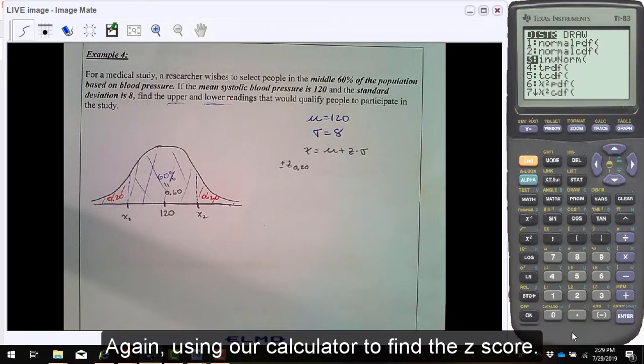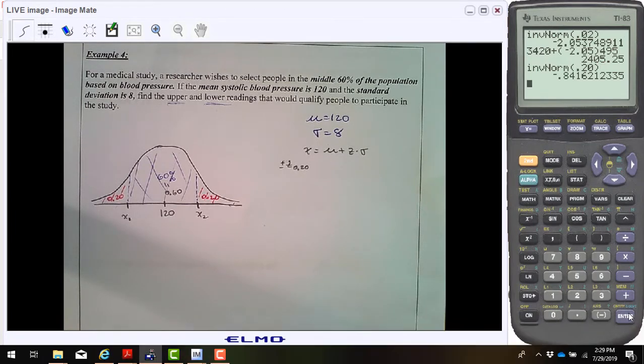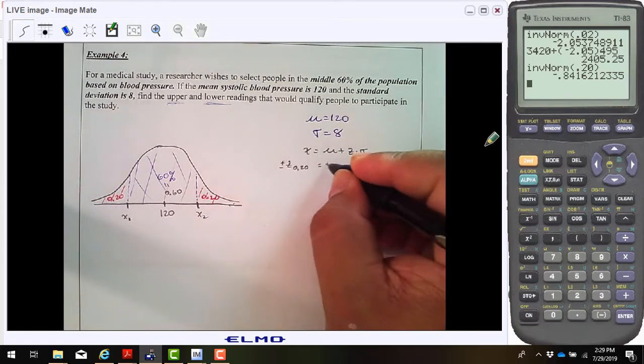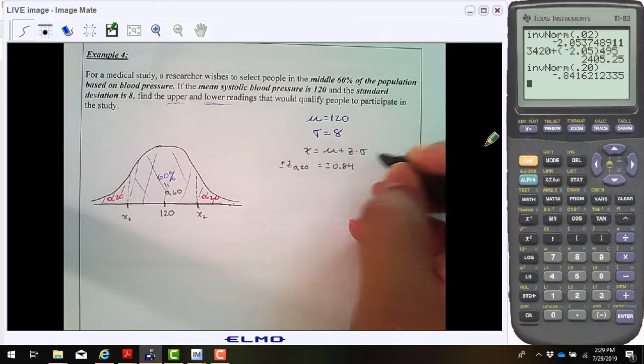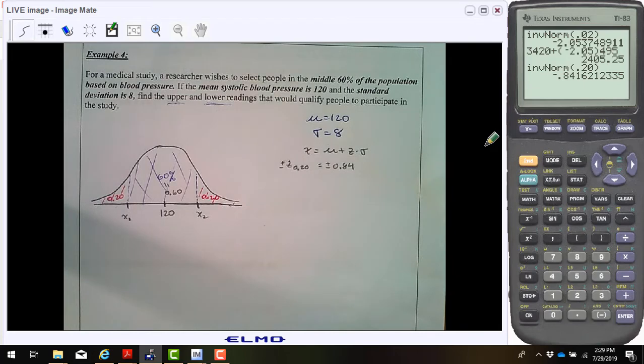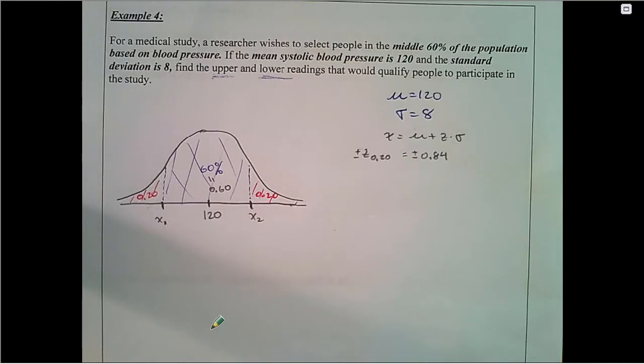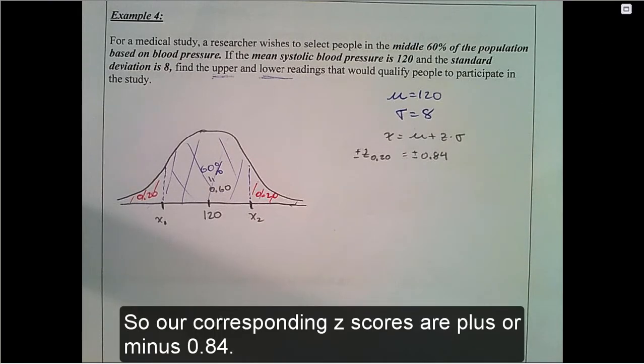Again, using our calculator to find the z-score. So our corresponding z-scores are plus or minus 0.84.